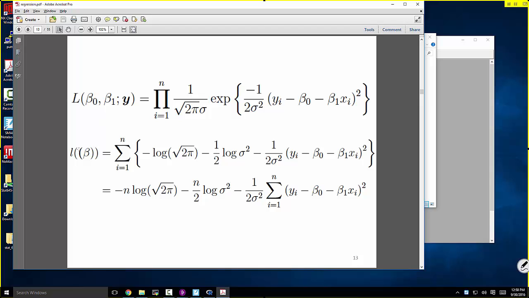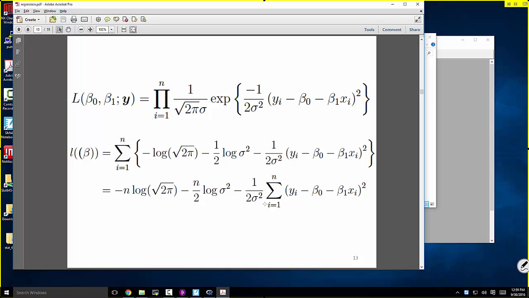It's often easier to do maximum likelihood calculations if you log transform the likelihood first. It's messy to do derivatives of e to the stuff, for example. And it's equivalent. Maximizing the likelihood, whatever betas do that, they will also maximize the log likelihood.